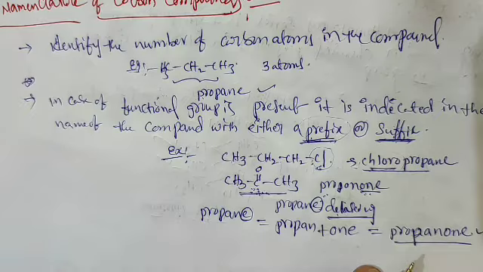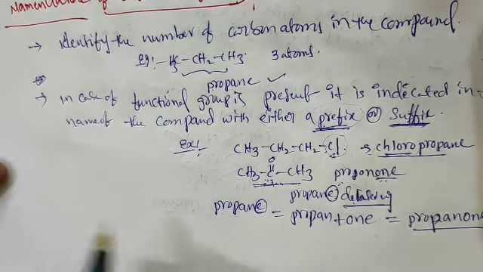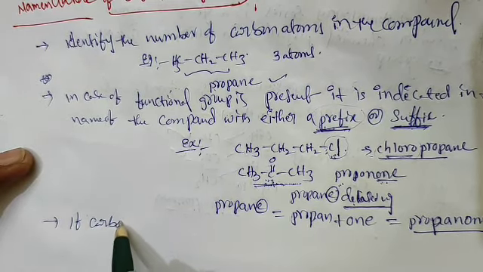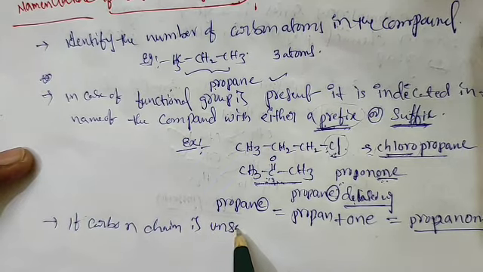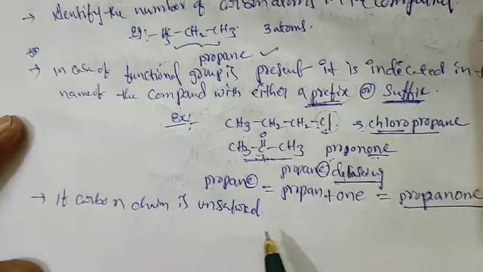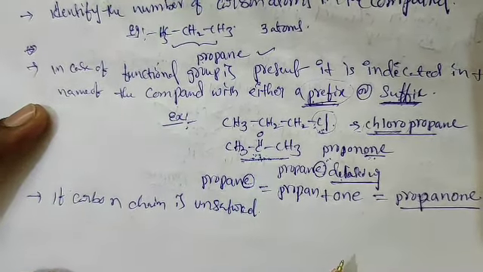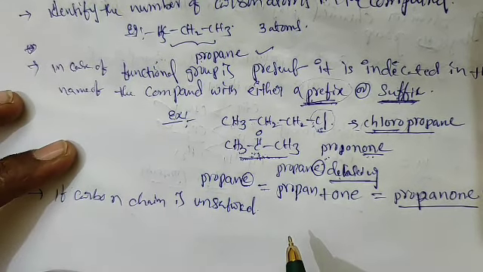Next, if the carbon chain is unsaturated. Saturated means all single bonds; unsaturated means a double bond or triple bond.